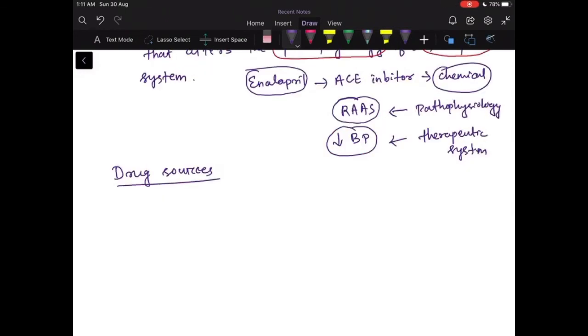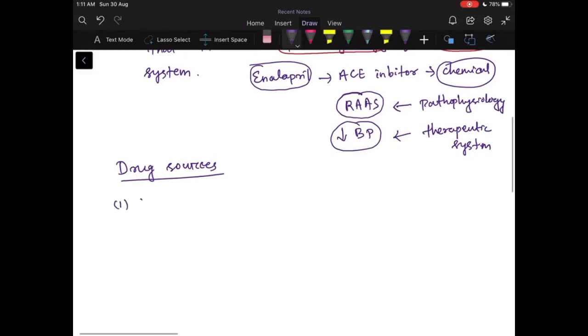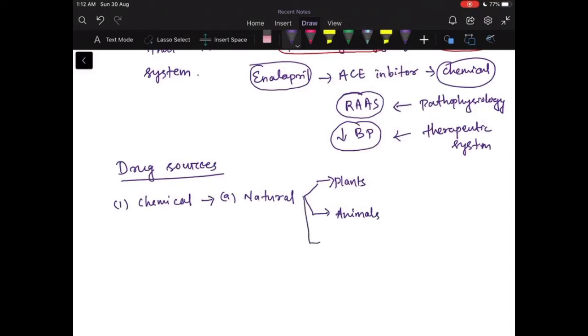Drug sources. First is chemical, that is further classified into natural, and natural is further classified into plants, animals and microorganisms.